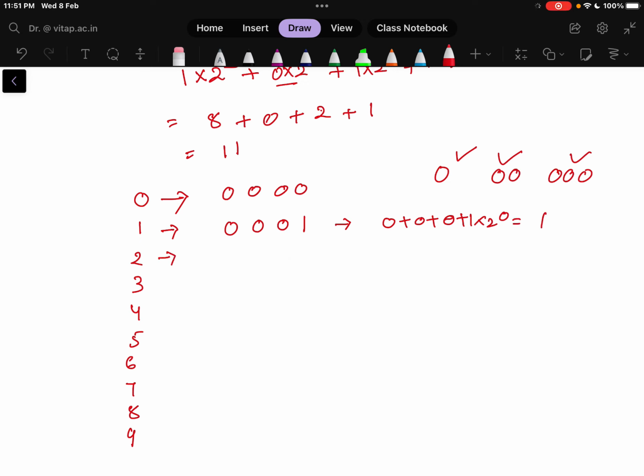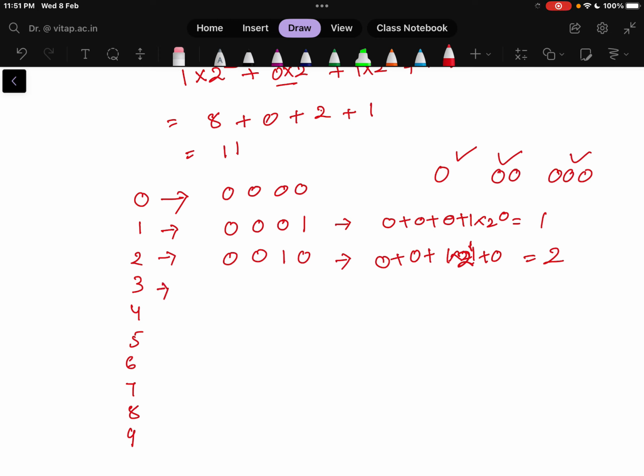Next, 2 is 0 0 1 0. If I represent the place values, it will be 0 plus 0 plus 1 into 2 to the power 1 plus 0. Wherever 0 is there, I am not writing the power of 2. So, 2 to the power 1 equals 2 here, right.